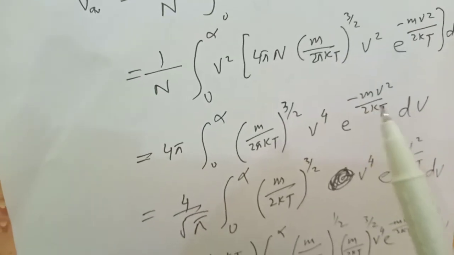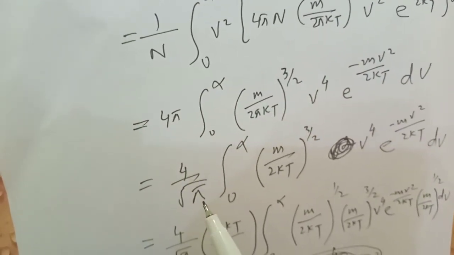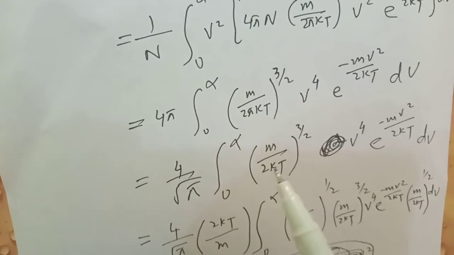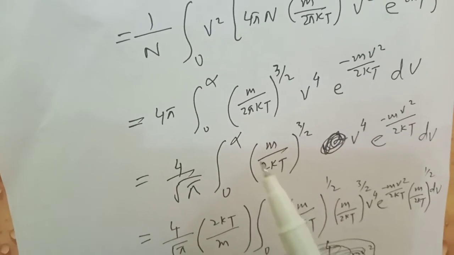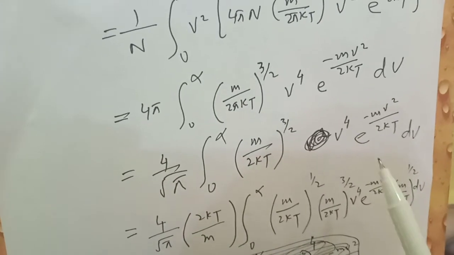This is equal to 4 pi times the integral from 0 to infinity of (m over 2 pi kT) to the power 3 by 2, times v to the power 4, e to the power minus m v squared divided by 2kT, delta v. Now 4 over square root of pi, integral from 0 to infinity, I have simplified this. This will be (m over 2kT) to the power 3 by 2, v cubed, and this value is again the same.